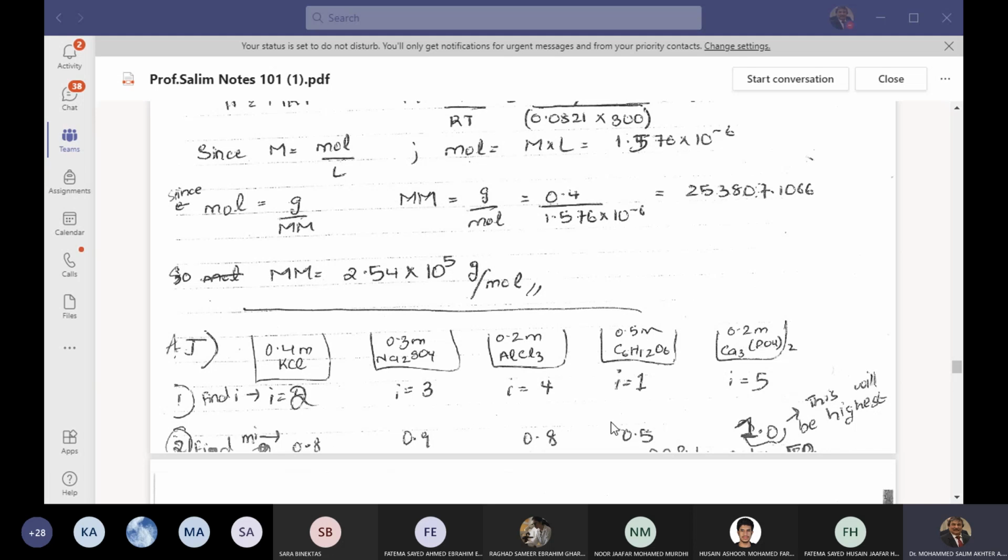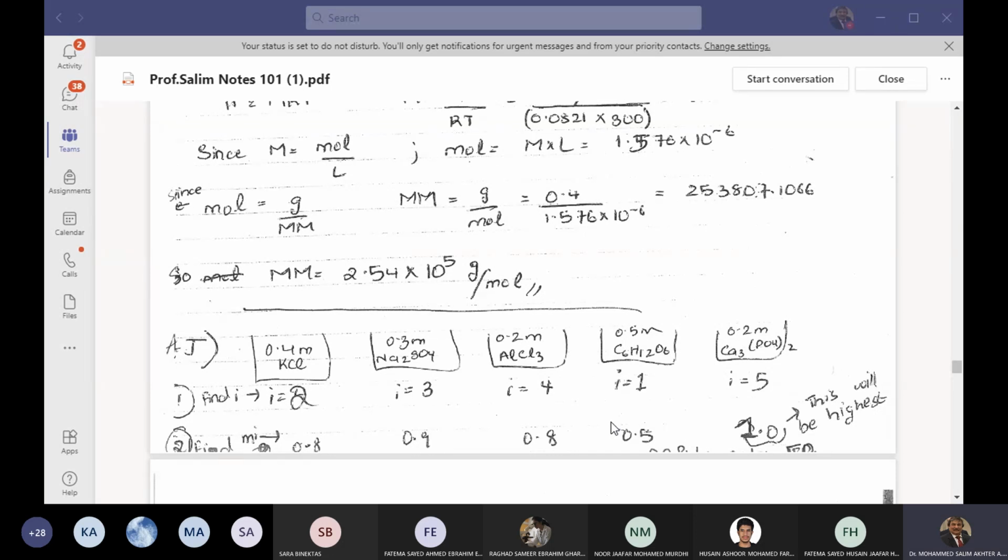Yes. What is X2? Mole fraction of solute or solvent? Mole fraction of solute.